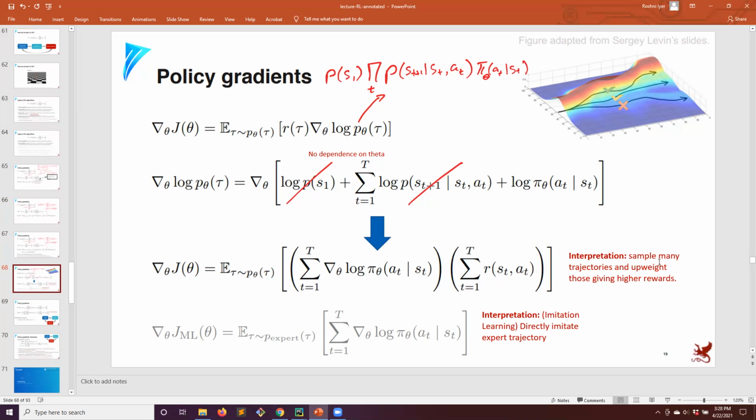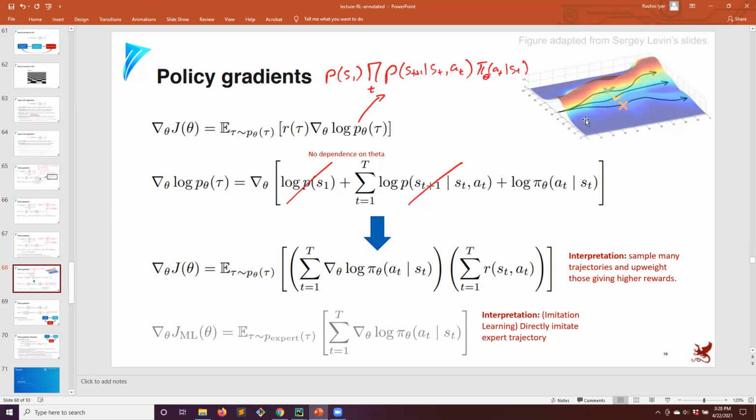So the interpretation is we sample many trajectories and upweight those with higher rewards. Versus in this case, we don't do that because we are already learning trajectories from the expert. So we're kind of just imitating that, so we don't have to upweight anything.